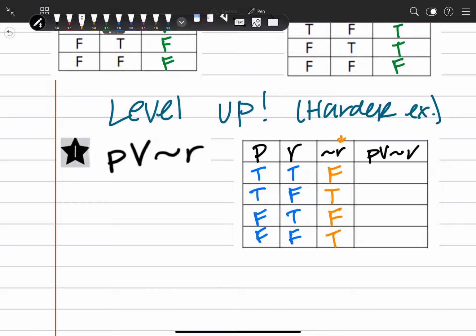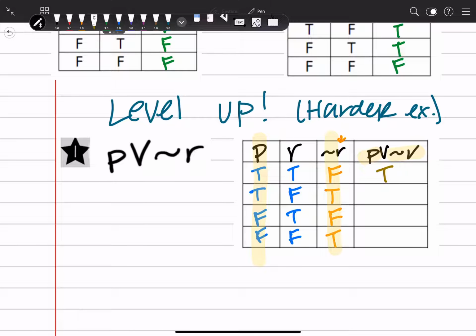And now your compound statement is asking you about P or not R. You use the R column to help you get not R, but you don't need it for this compound statement. So let's talk about this one. We've got P or not R. Well, I have a P here, so this one's true.